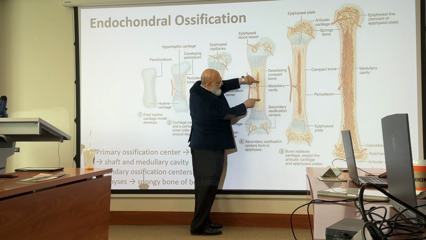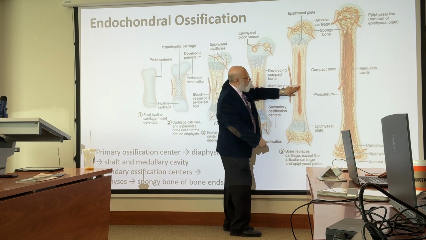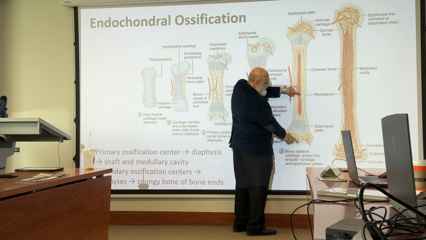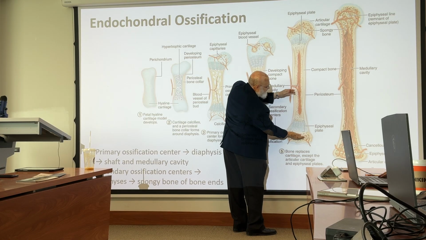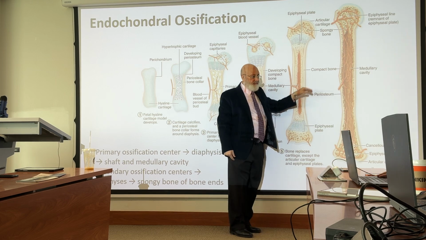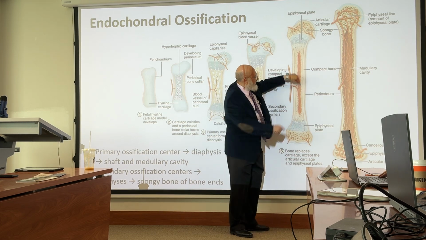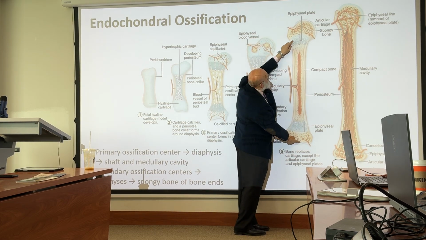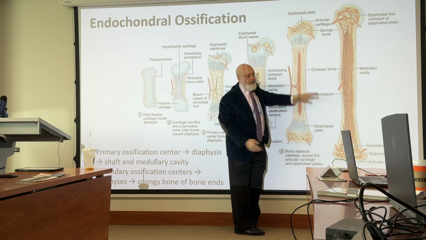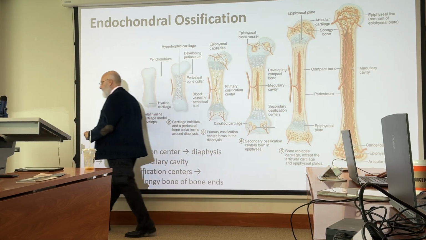So the bone will turn like this. And in the meantime, osteoclasts will start carving the area, which is the marrow. It's important to see that the primary and secondary ossification both close in on this area, the metaphysis. Is that clear? Ossification happens in the middle and moves up, but from the secondary center it moves down. Then they meet in the middle here. This is important because we're going to be talking about that next.